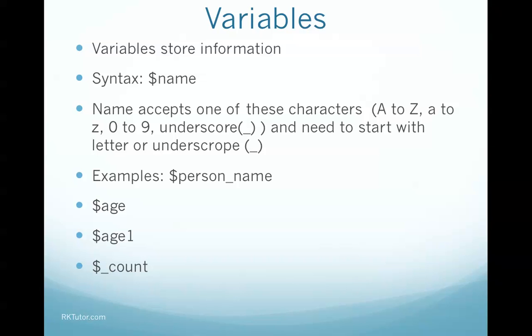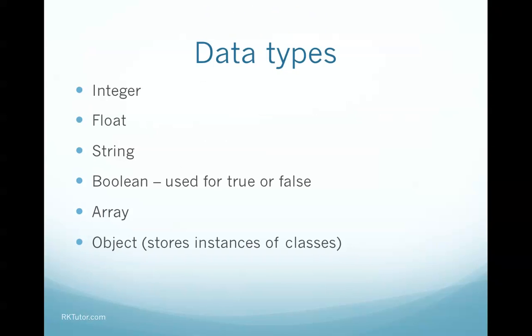After the dollar, the name should start with a letter or underscore. Example: $person_name, $age1, $_count. This is variables.